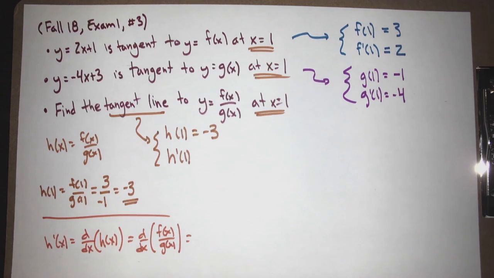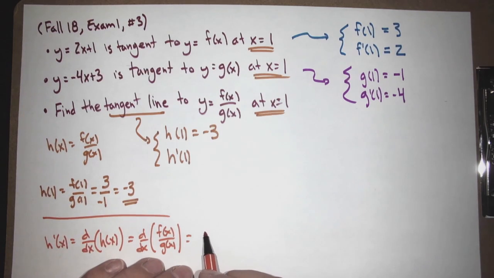Okay, so how do you find the derivative of f of x over g of x? Quotient rule. It's one of those rules that we just have at our disposal. So we're going to take low d high, so I'll write it as f prime g, minus high d low, f g prime, all over low squared.